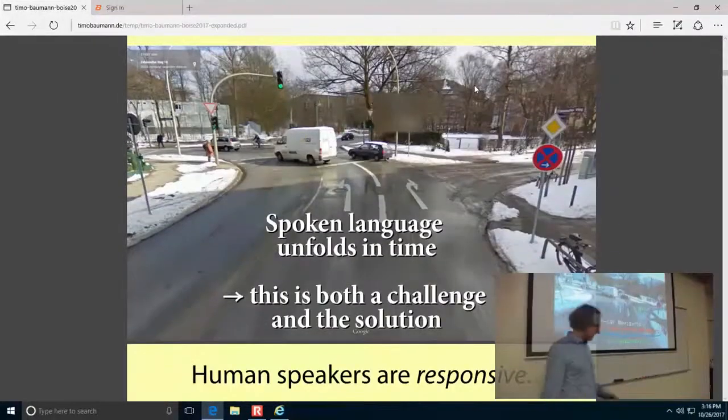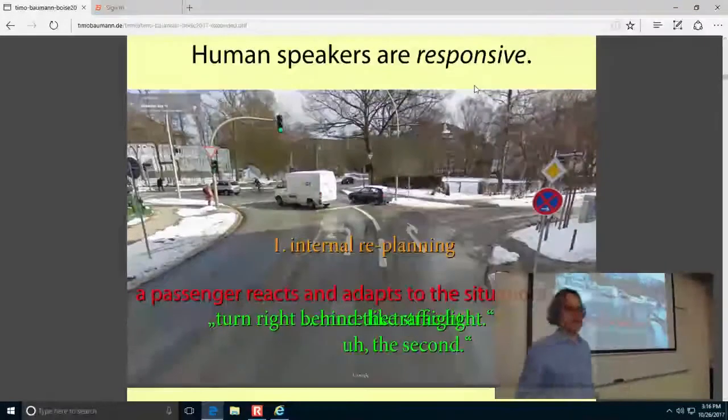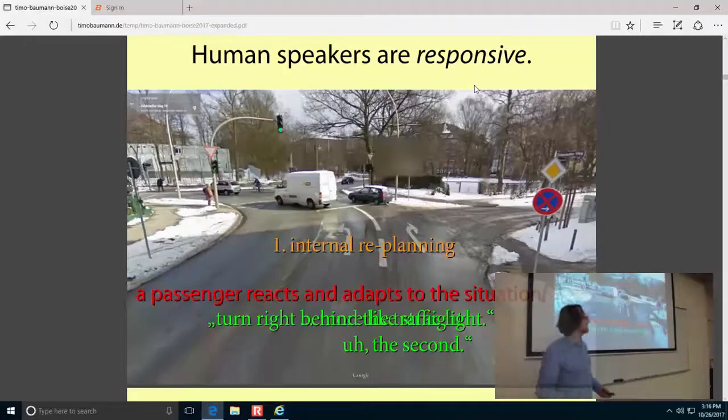What I'm saying mainly is that spoken language unfolds in time, and that's actually not just a problem, but also the solution to the very problem. Because humans are very responsive in what they're doing, and they're responsive in different ways. A, they might internally replan.